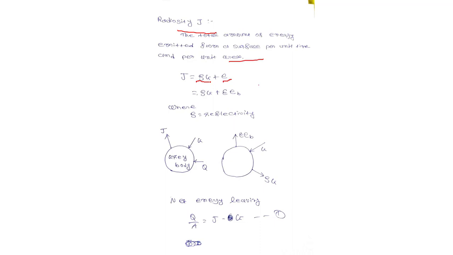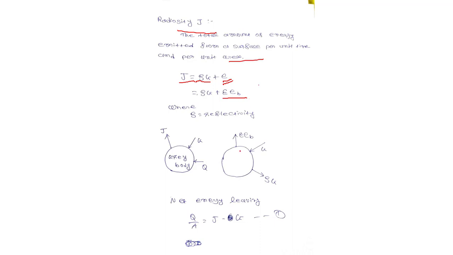Now the summation of both is radiosity J, and we all know that the emissive power equation is epsilon into EB, where epsilon is the emissivity of the surface.